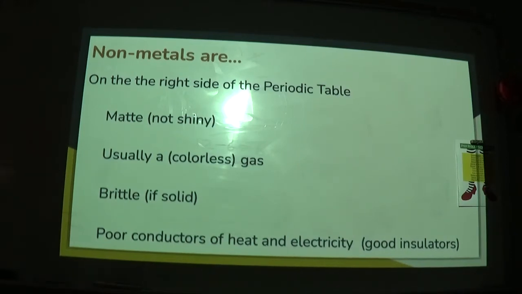And those are good electrical insulators. The fun thing about that is porcelain is actually a combination of metal atoms and non-metal atoms, but when you put them together, it has the properties of a non-metal. So, because of that, we go with this.